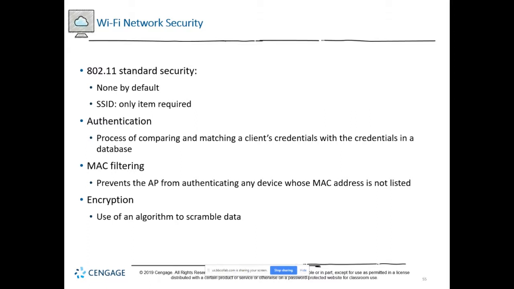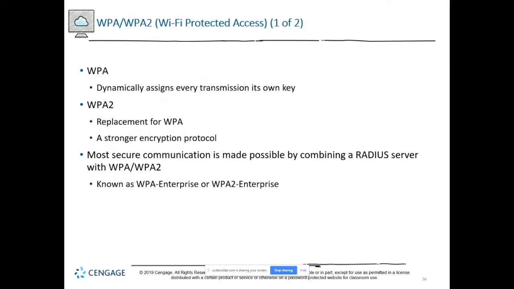And then, of course, use of encryption, which, I'm glad that we don't even talk about WEP anymore. We start with WPA, which of course has been replaced with WPA2, which is stronger encryption.